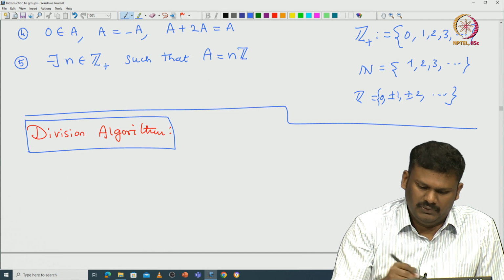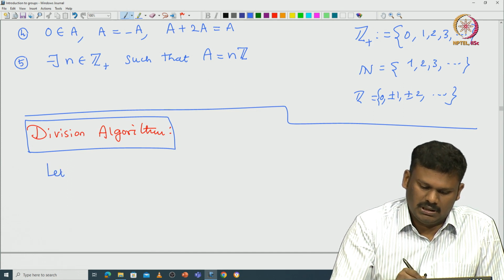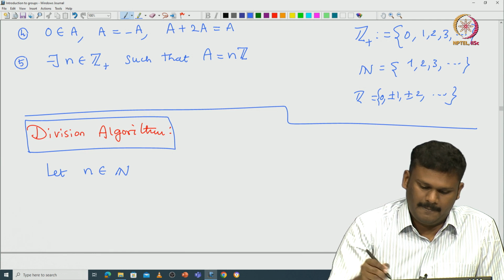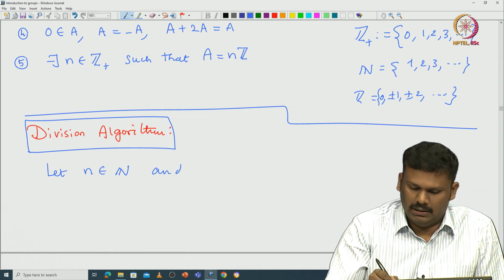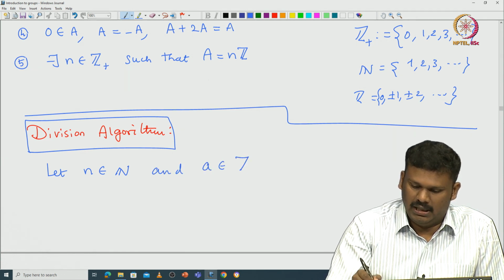We start with some natural number, let us say n, and some integer a.